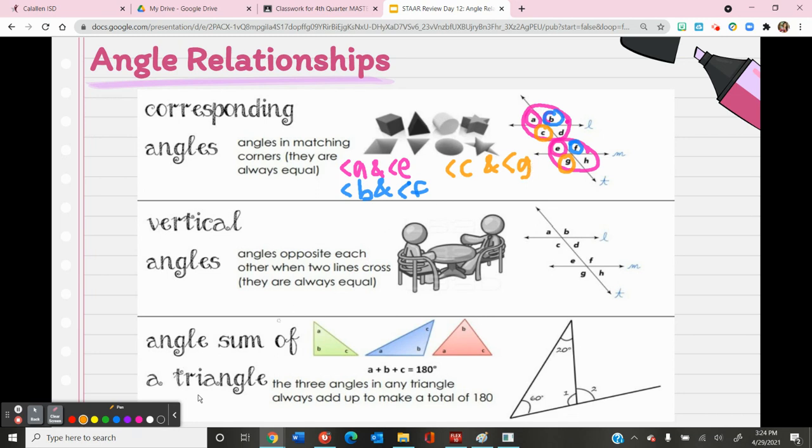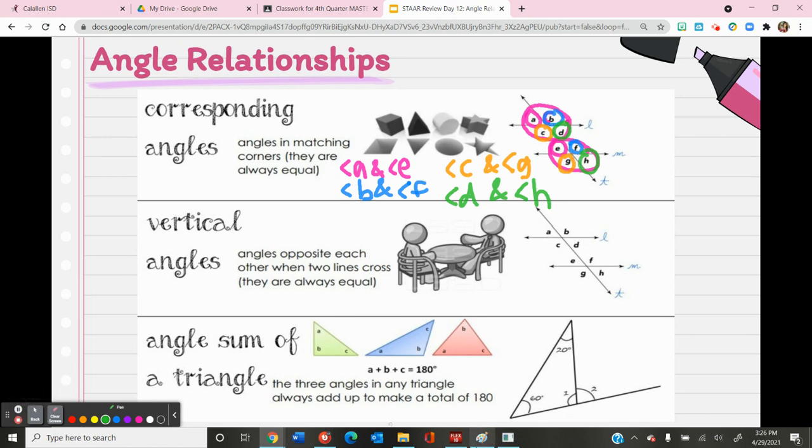So these two are corresponding. And then I also have angle D and angle H. And again, these are the same position on this set of parallel lines. So again, these are angles in the matching corners, and they are always equal.